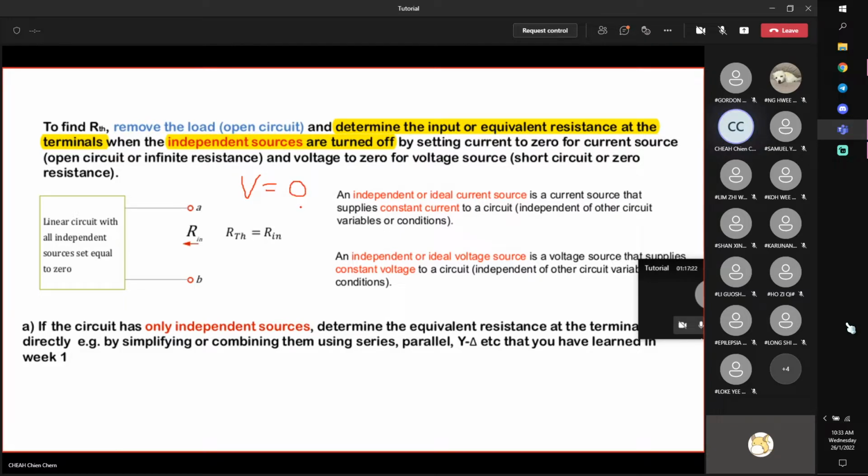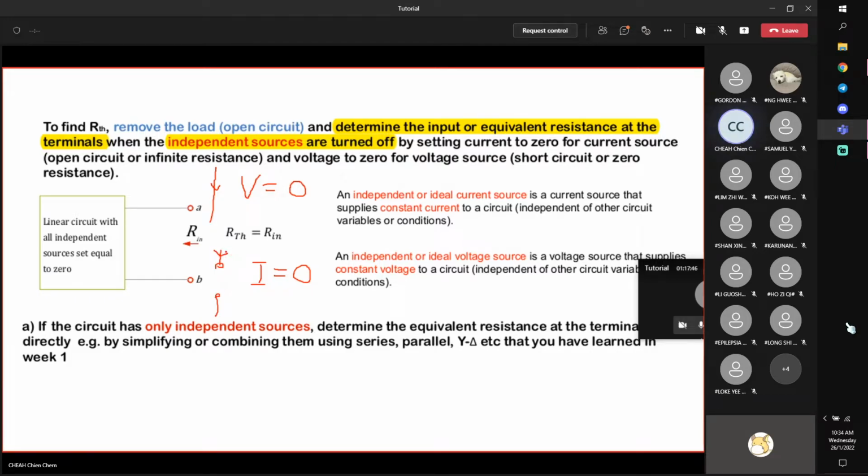How do we set a voltage source to 0? Short circuit. Short circuit means 0 resistance, and 0 resistance multiplied by any current gives you 0 volts. So you short it. On the other hand, with a current source, make the current source equal to 0 by open circuit.